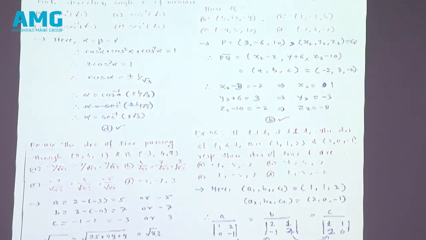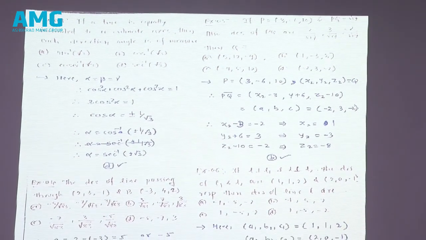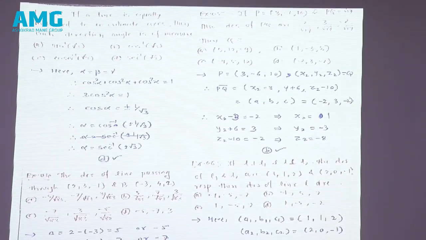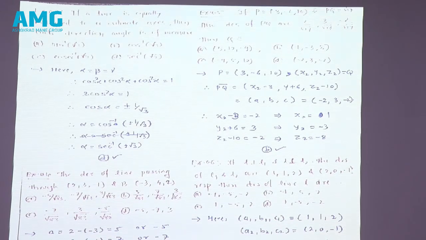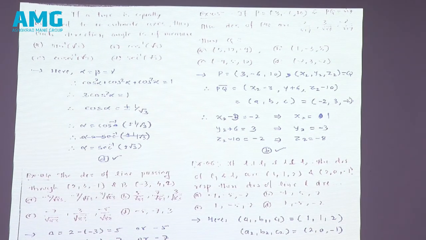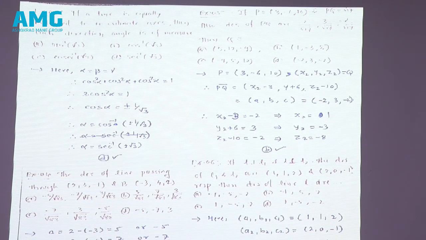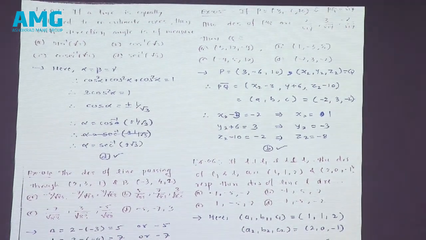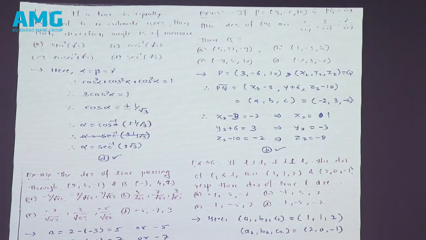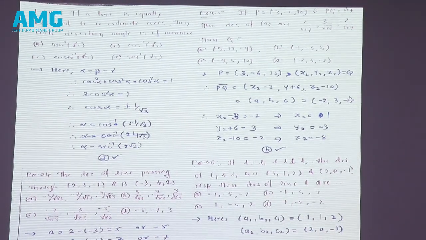Now we discuss example number 5. Read carefully. If P is the point 3, minus 6, 10, and PQ is nothing but root 17. Also DCs of PQ are given like this: minus 2 by root 17, 3 by root 17 and minus 2 by root 17.